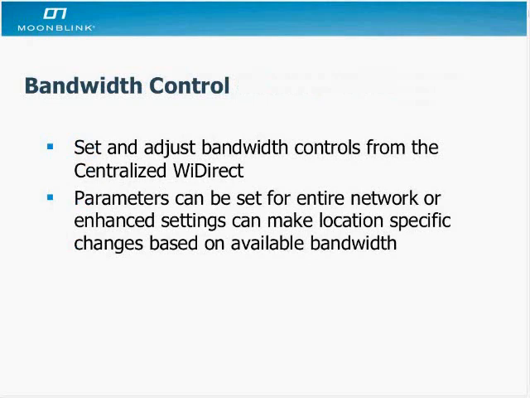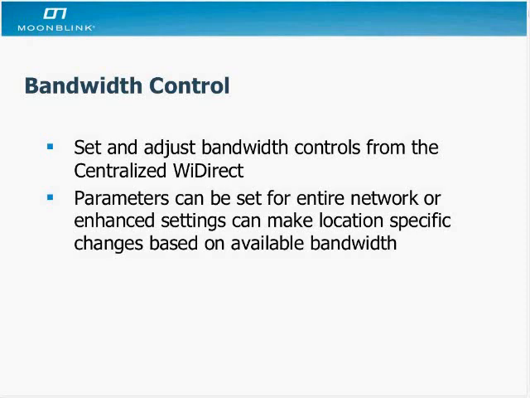So bandwidth control. This is kind of an interesting topic because when you're scaling to multiple locations, either nationwide, worldwide, what have you, you're going to have different bandwidth injection points. And what I mean by different is you're going to have different amounts of bandwidth available. So the WiDirect can adjust bandwidth at that location centrally, which is a good feature.